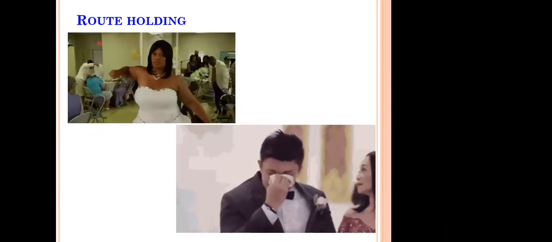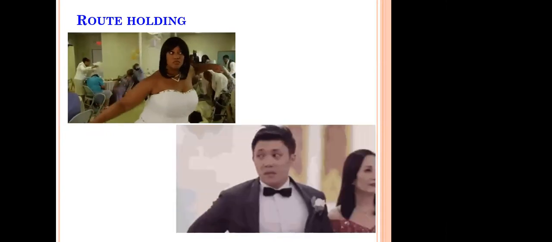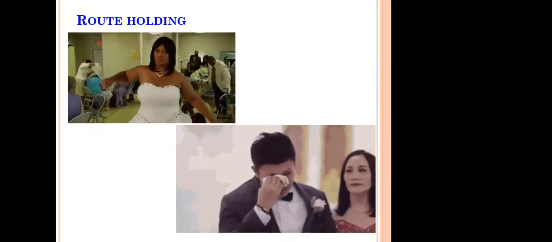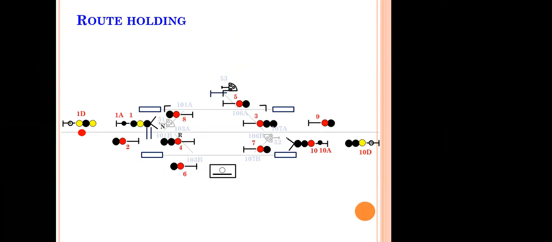This concept is known as route holding in signaling. We'll now come to route holding. What is route holding? In the earlier slides, I was mentioning that the conditions are to be maintained till the signal is off.